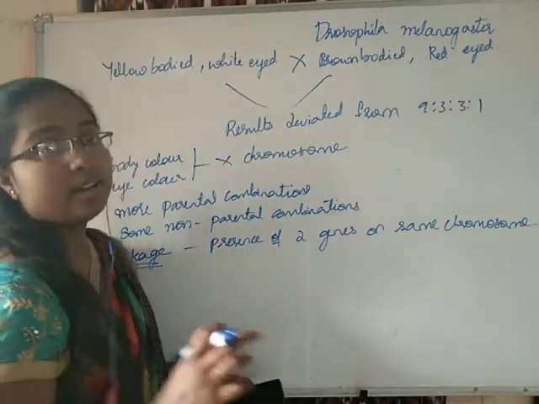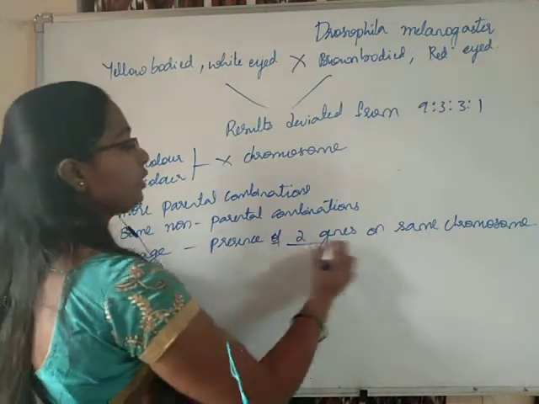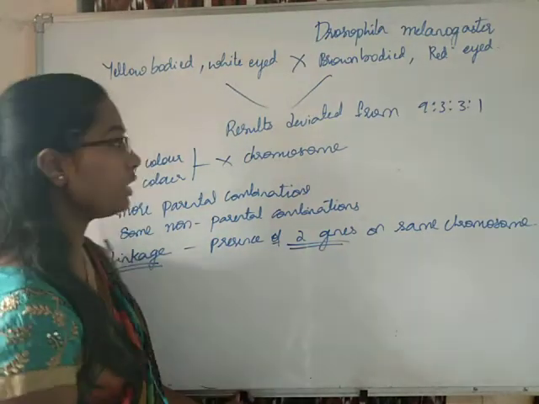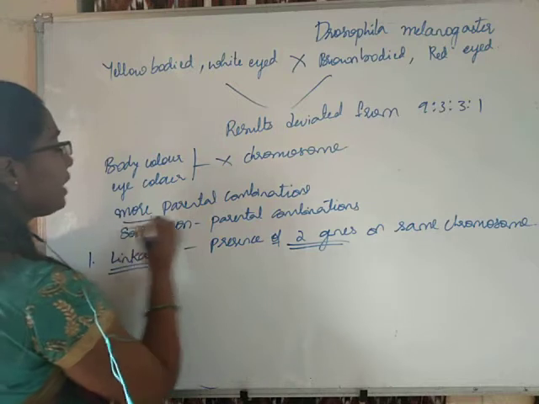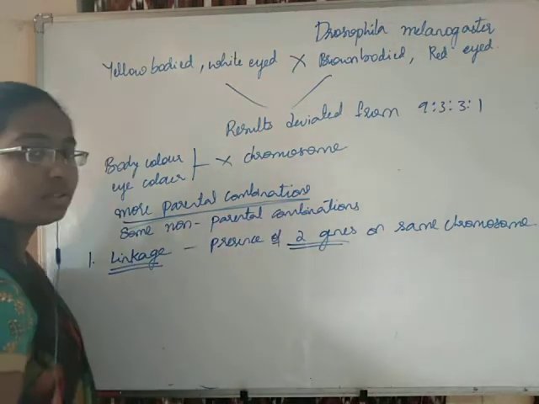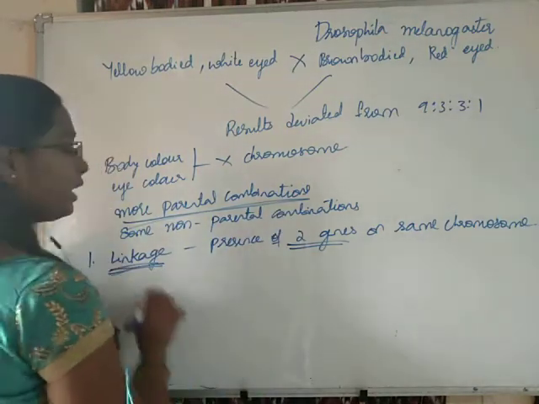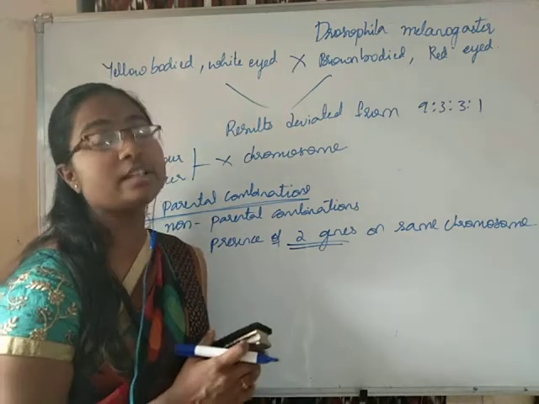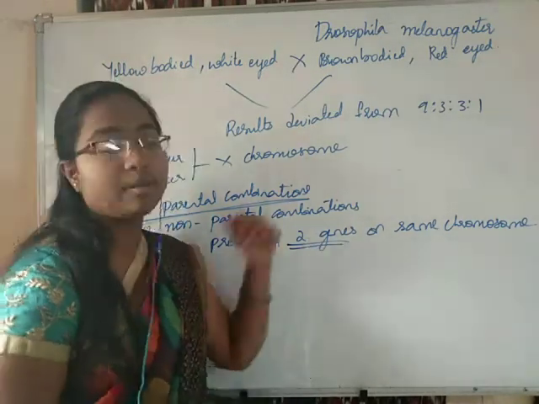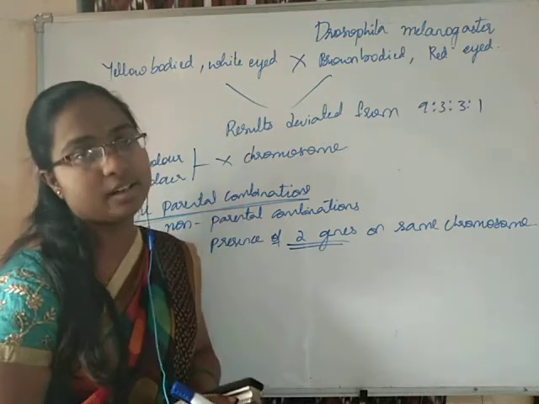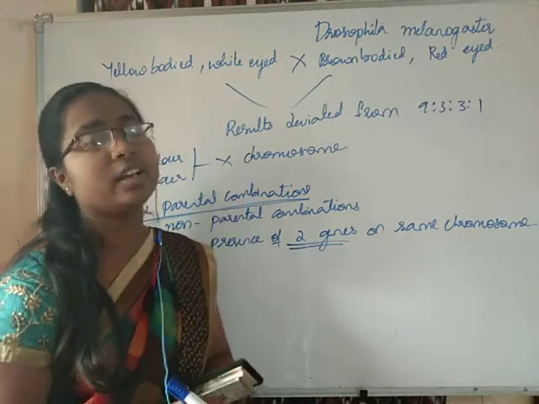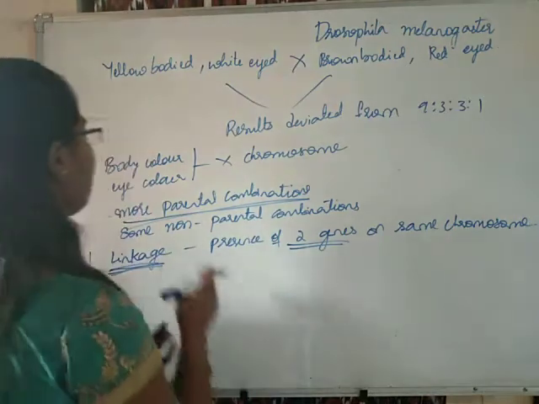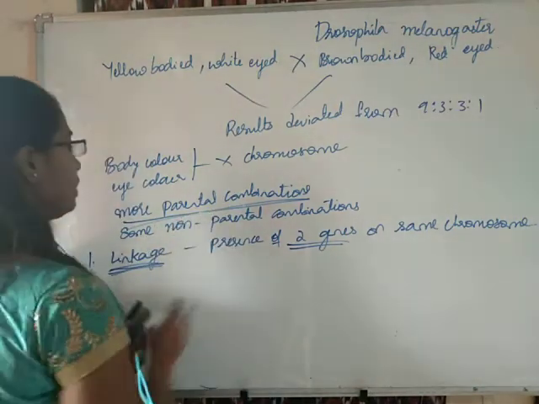The appearance of more parental combinations is due to linkage only. That means there is a physical linkage between the genes. The genes are actually present on the same chromosome in a linear manner, which is why they are inherited together and we see more parental combinations.